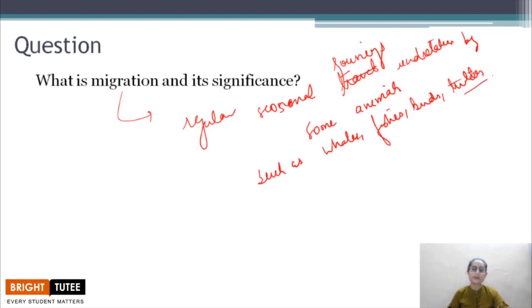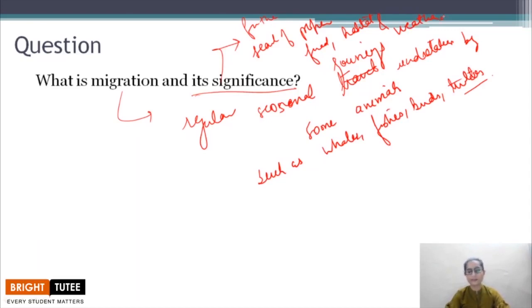So these animals migrate seasonally, they take regular seasonal journeys every season basically, and its significance is that they move from one place to another in search of proper food, habitat and weather. Alright, this is the significance of migration.